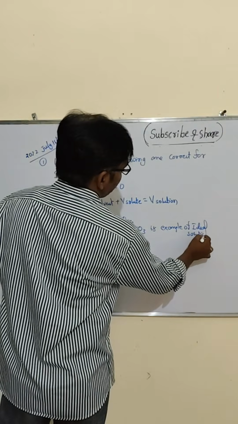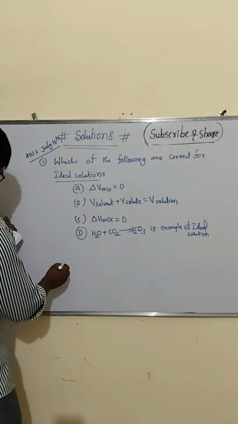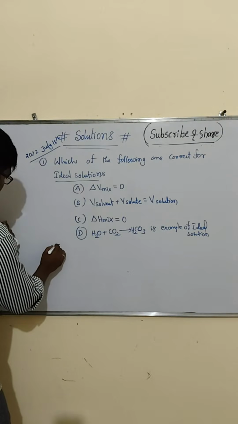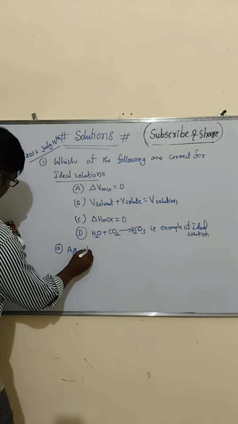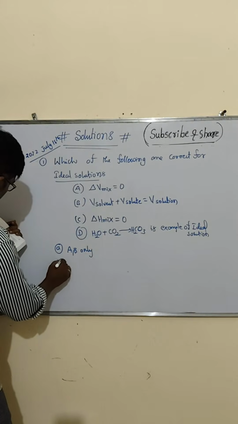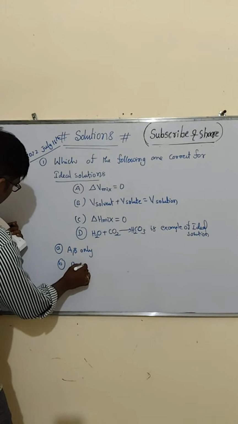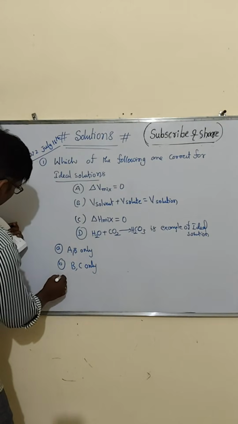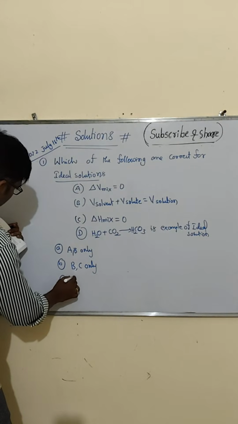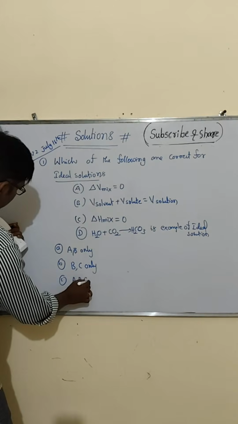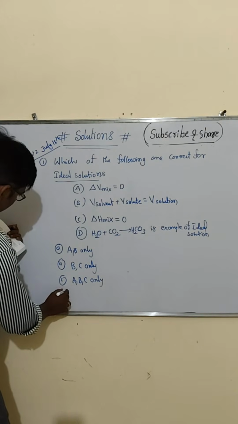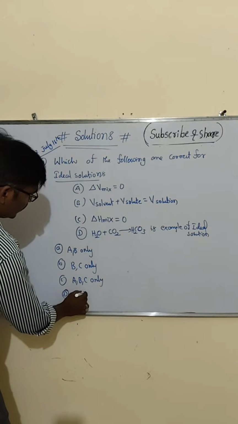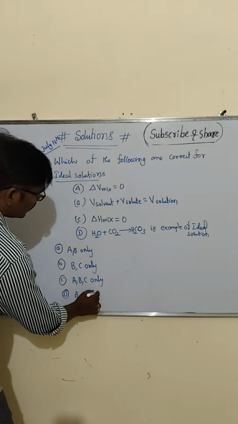Then the options: option A, A comma B only. Option B, B comma C only. Option C, A comma B comma C only. Option D, A comma B comma C comma D.